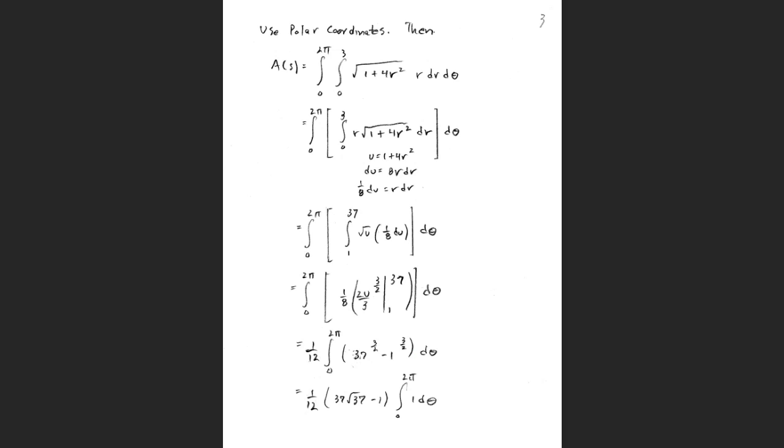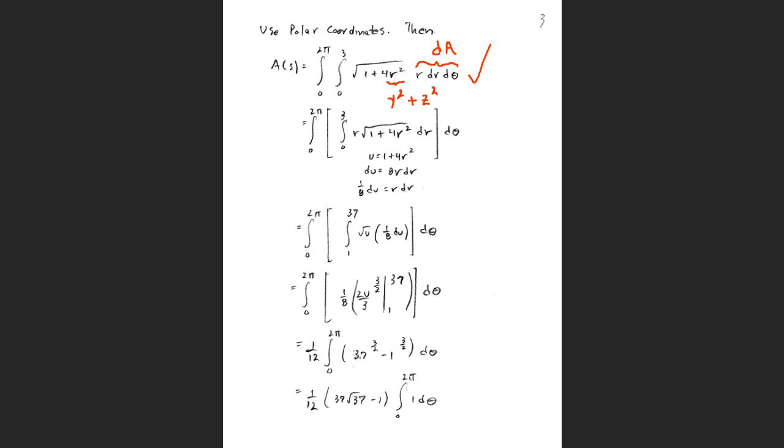So this is now going to be our new integral. This was the dA part, and r squared was equal to y squared plus z squared, right?